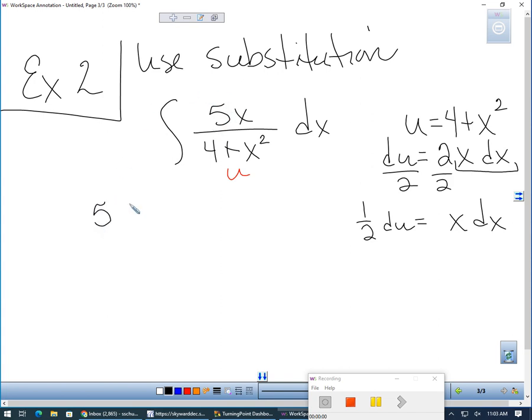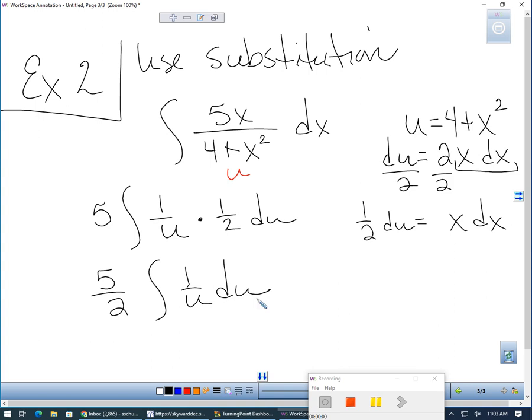So I have 5, the integral of 1 over u times 1/2 du. Now I can move this 1/2 out front, so we end up with our 5 halves that Logan mentioned. So I have 5 halves, the integral of 1 over u du.